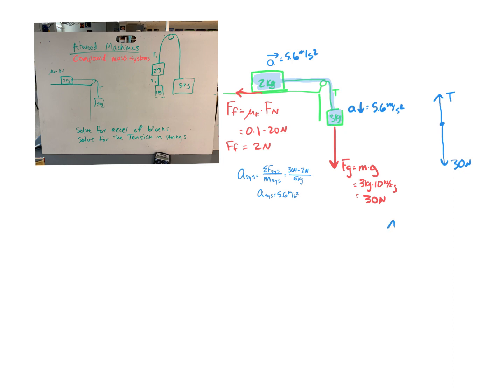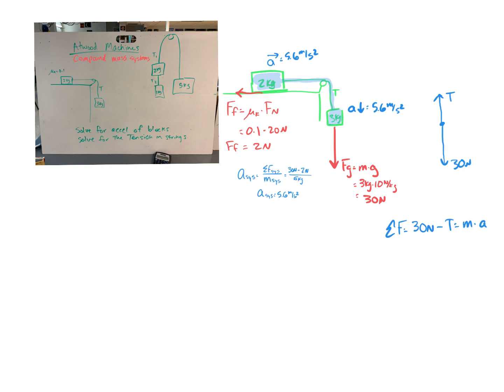When I write a net force equation for that single block, I'd have 30 newtons of downward force minus tension equals that block's mass times its acceleration. And I was given the mass and I know the acceleration, so I technically have everything I need.